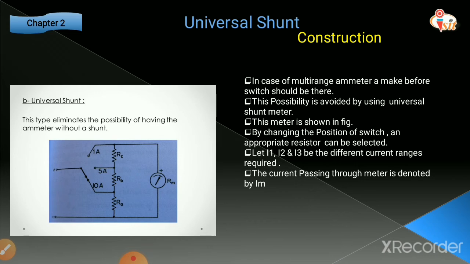Now see here, there is no shunt part in this circuit diagram.